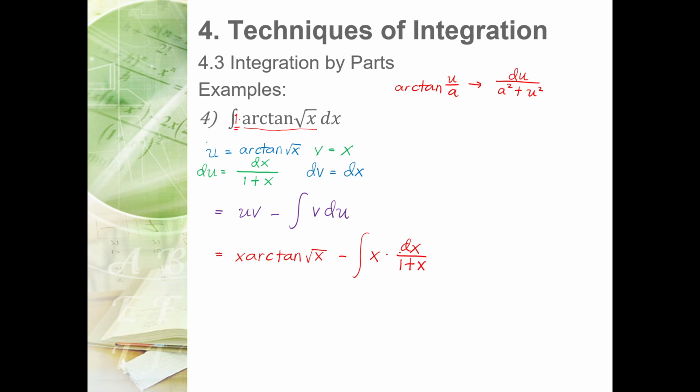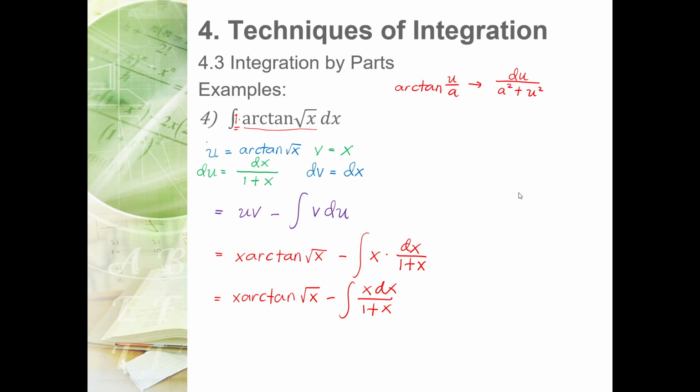Multiplying by x, this becomes x arctangent square root of x minus the integral of x dx all over 1 plus x.